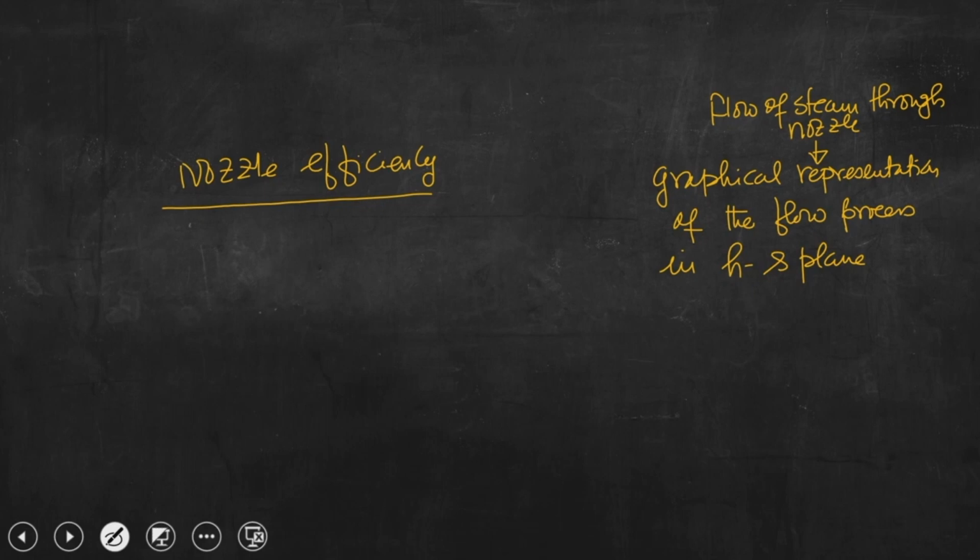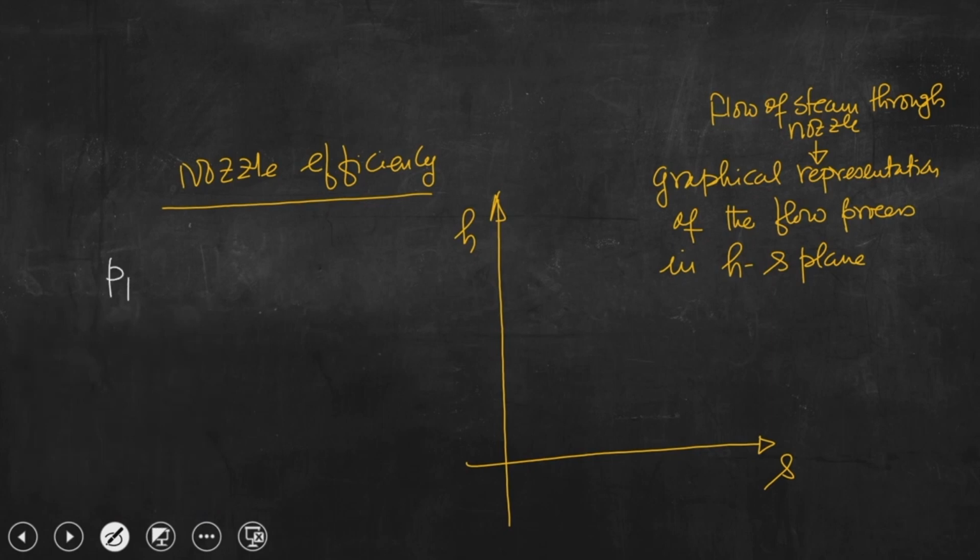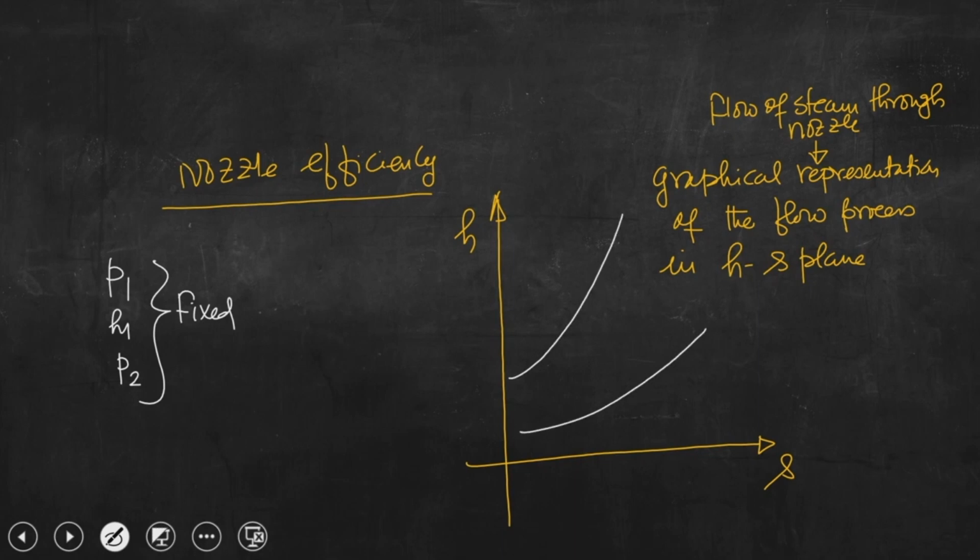This is H, this is S, the HS plane. What I told you is that P1, H1, and P2, these three quantities are fixed.